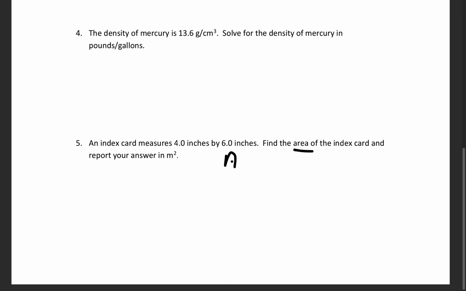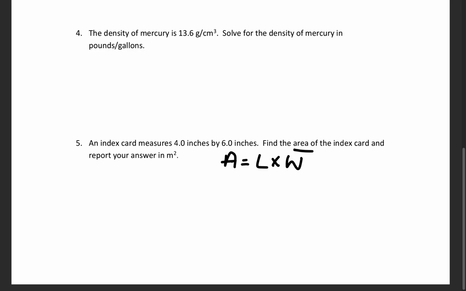Area equals length times width. You do need to have that equation. Up here, because you're doing density, you do need to show an equation. So when it's saying, oh, sorry, that's a lie.